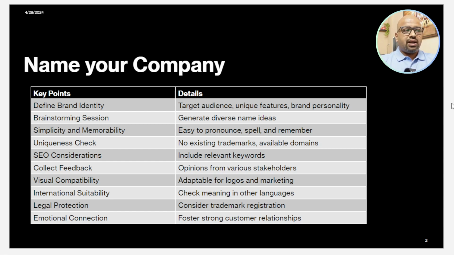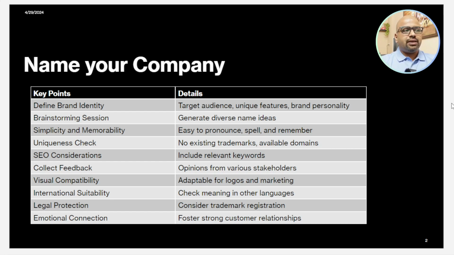If people mispronounce or misspell it, your domain name or web address will automatically be written wrongly, which is again a difficulty. The simple line here is, if you confuse, you lose the business. So don't confuse your customers. Be very clear. Pronunciation should be easy, spellings should be easy, and it should be easily memorable. That is very important.